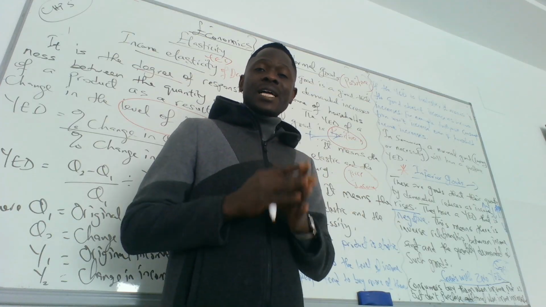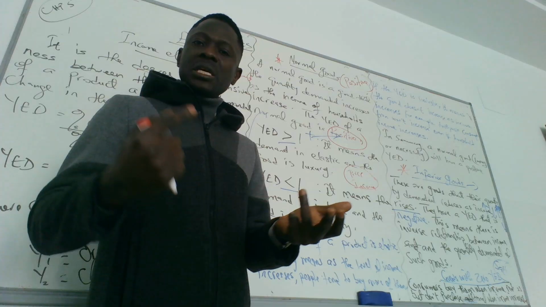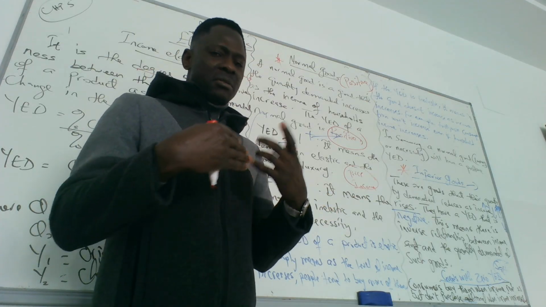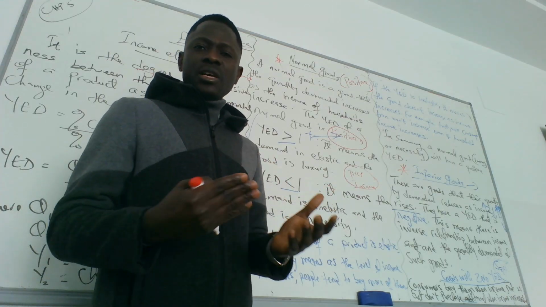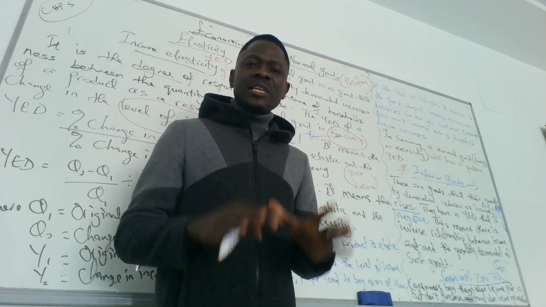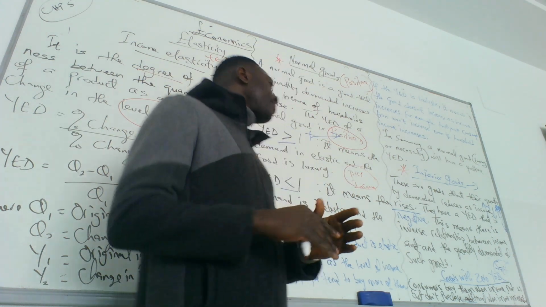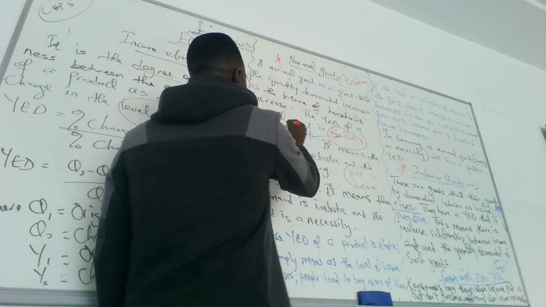An example of goods that have a positive YED are luxuries, like a holiday in the Bahamas, a holiday in Dubai, or buying the latest iPhone. As soon as income increases, you tend to buy more of those goods. They have a positive YED and are greater than 1, which means elastic.